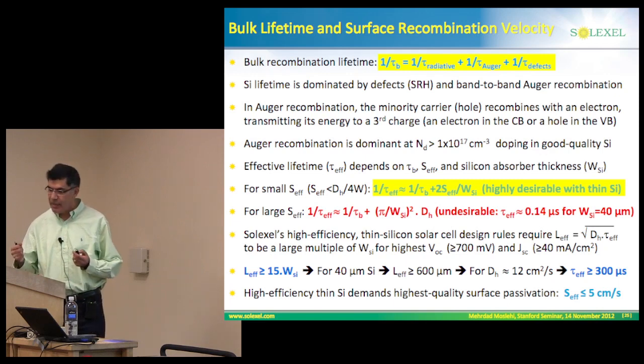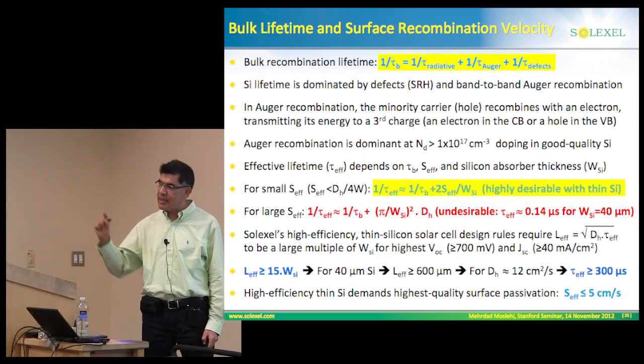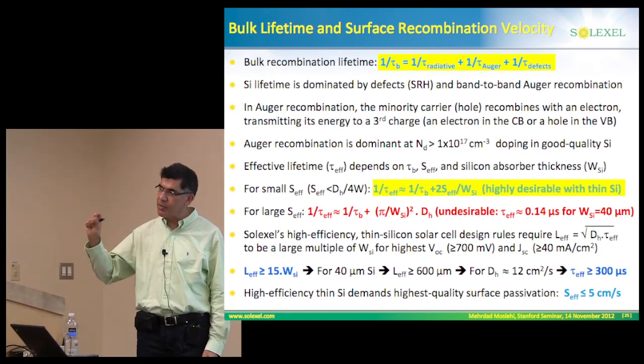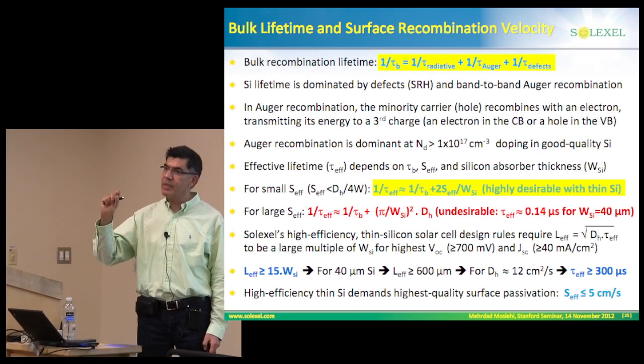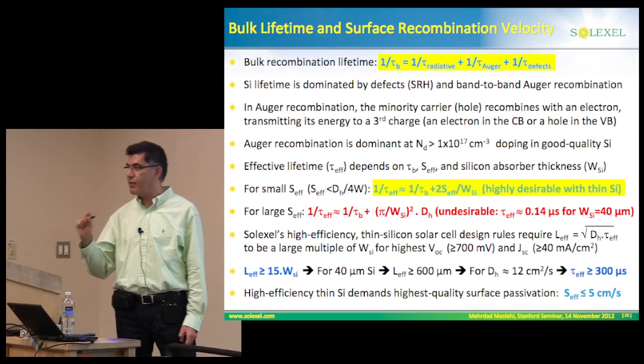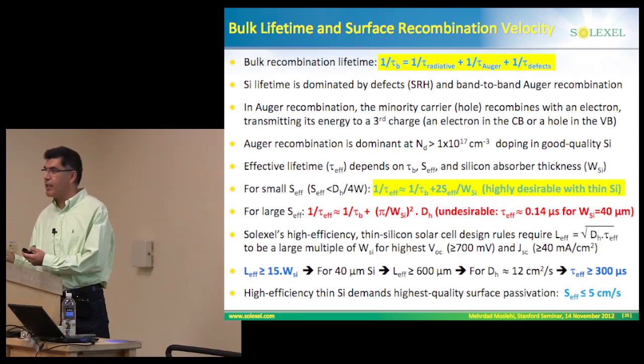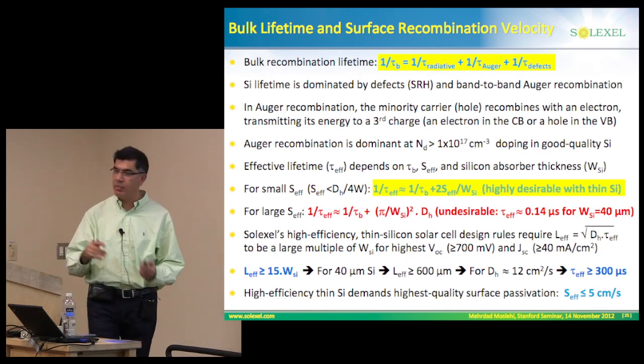One of the important things to remember is that as you go to a thinner absorber, thinner silicon, it puts special demand on very high quality passivation. You have to have extremely good surface passivation, because otherwise you could be dominated by surface recombination and not bulk recombination.